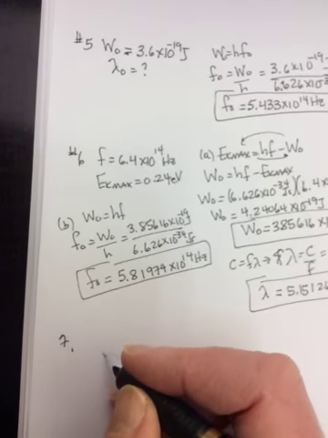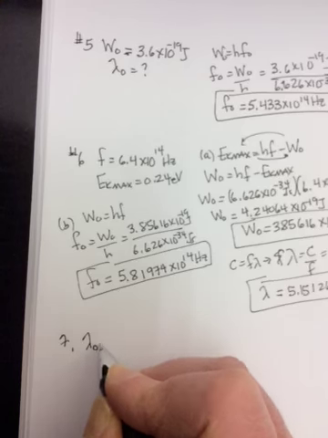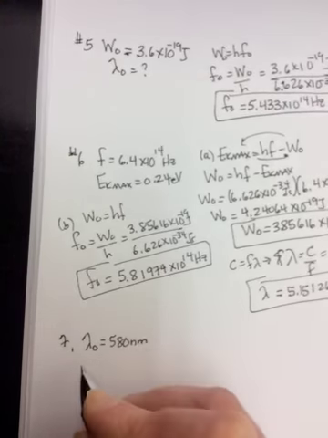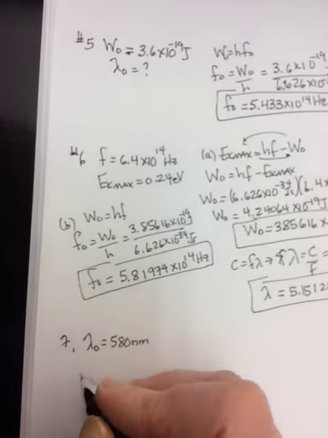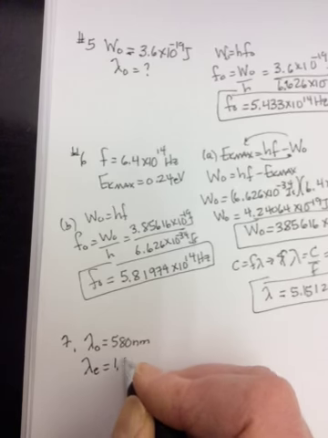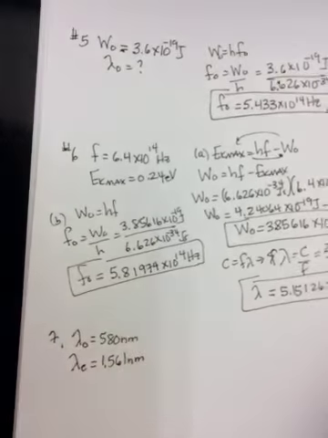Last one, number 7. Light strikes a photoemissive surface whose threshold wavelength, so lambda O, is 580 nanometers. De Broglie wavelength of the electron, lambda E, is 1.561 nanometers. What color is the light?